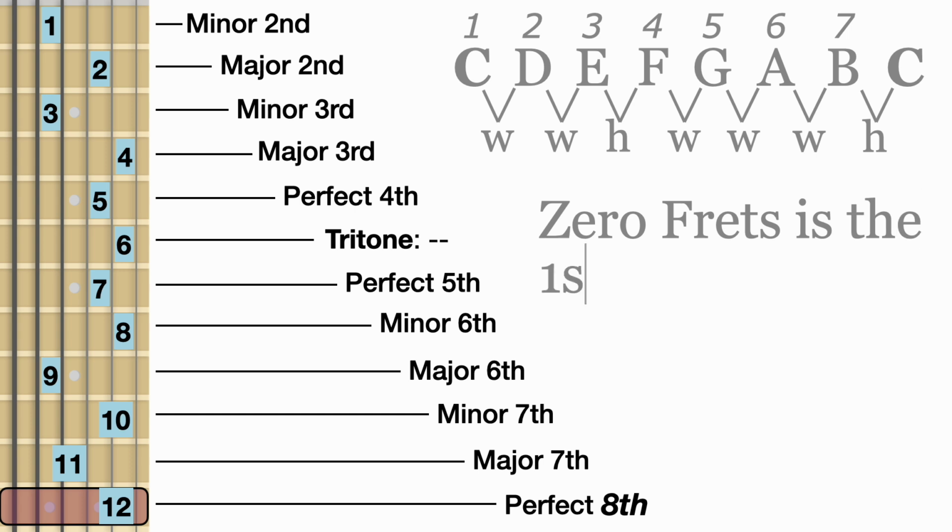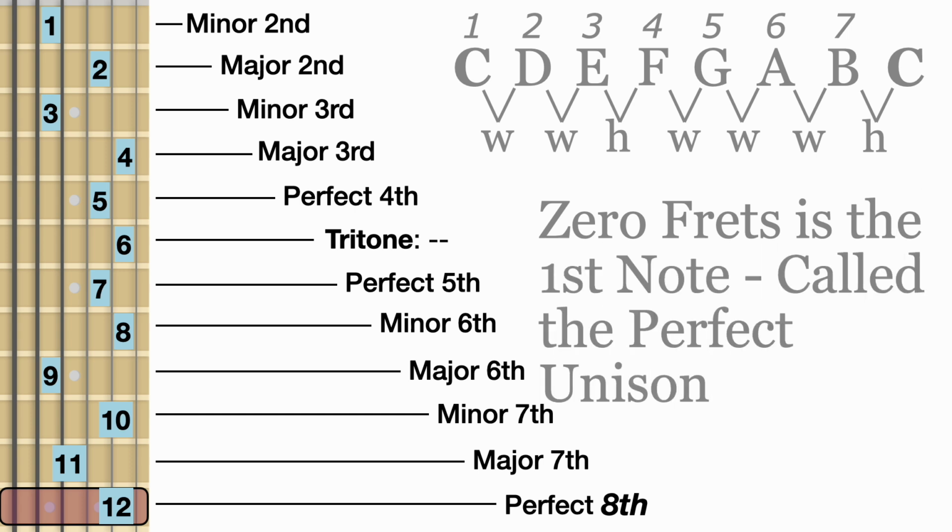So the one interval that I want to talk about real quick is if you haven't moved up or down a fret, and let's say you're just jamming on a G, right? You're just playing that G and it's just ringing out. You're not moving up or down. You haven't moved anywhere. You're at 0 frets. That also has a name.